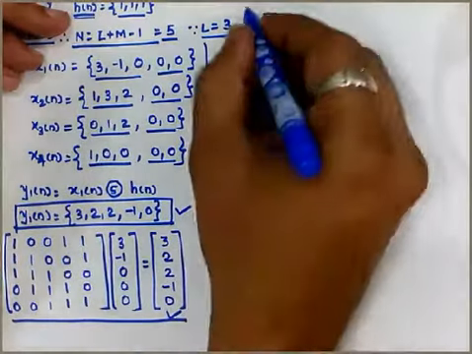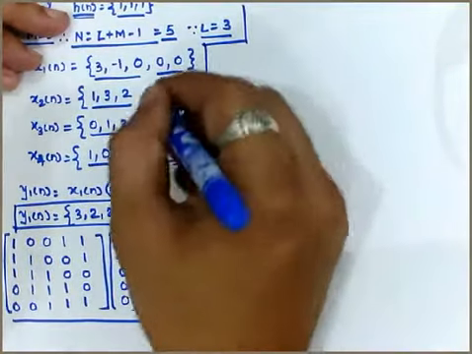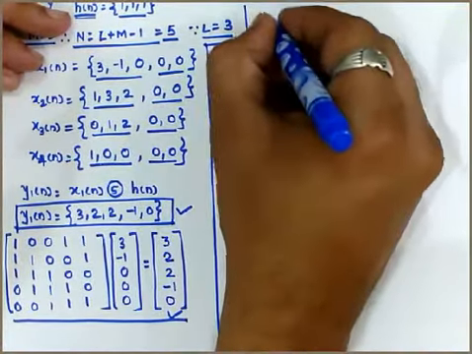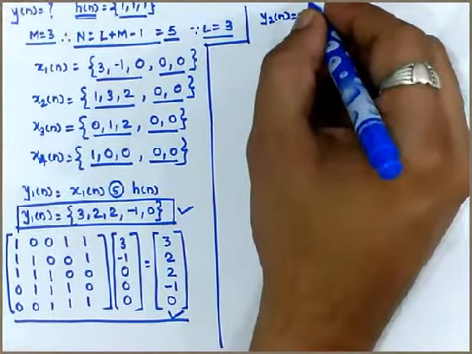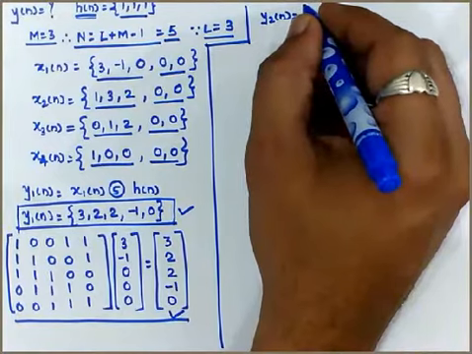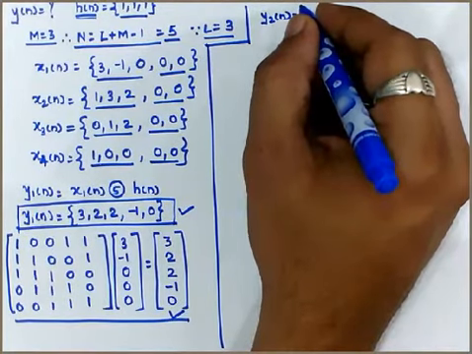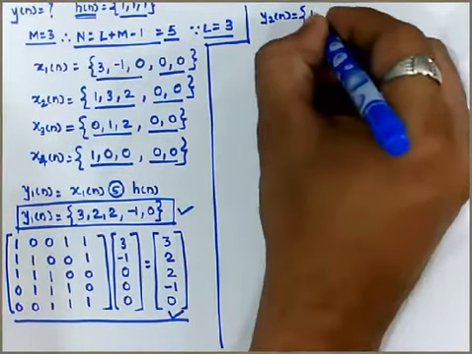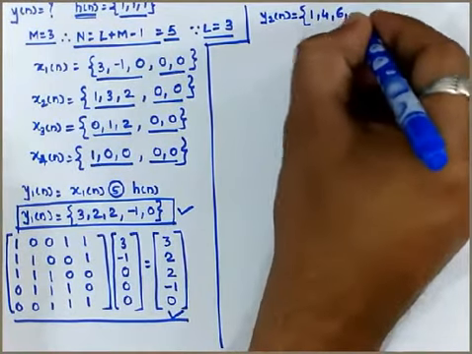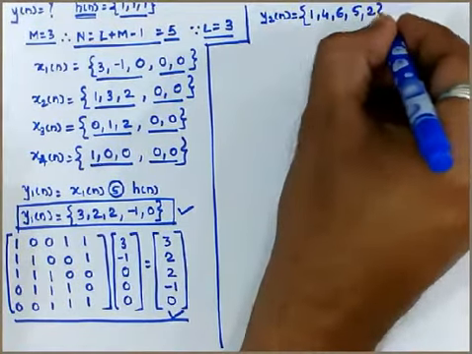So let me just forget this. Other values, let's say for y2 of n, so x2 of n will be circularly convolved with h of n. y2 of n is nothing but 1, 4, 6, 5 and 2.